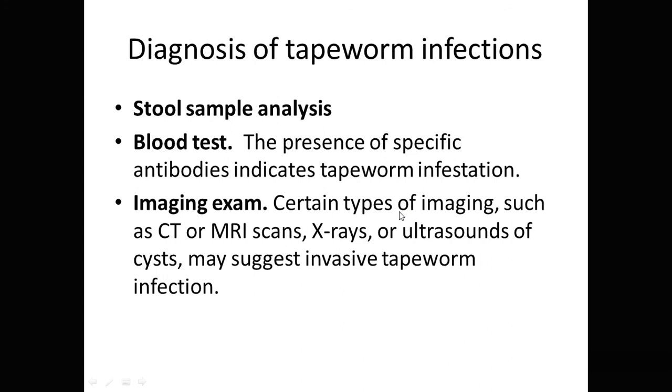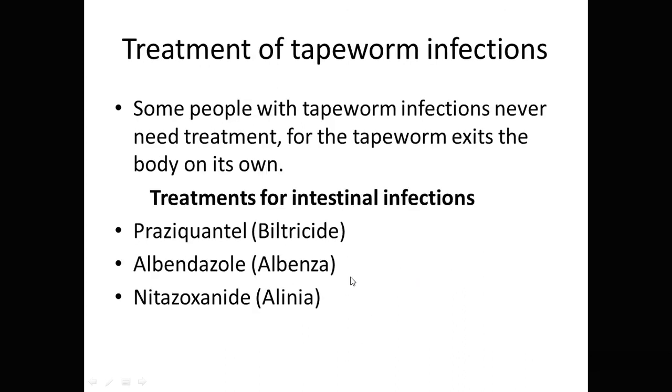So in general, diagnosis of tapeworms is done by testing the stool sample, also a blood test for checking for the specific antibodies. Also, if there is cysticercosis or hydatid cyst disease, the imaging is used.